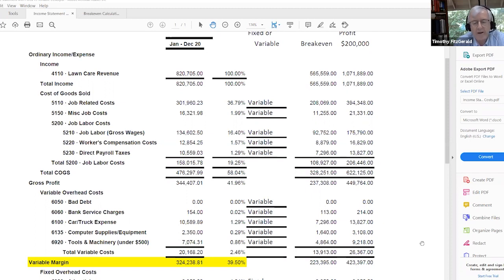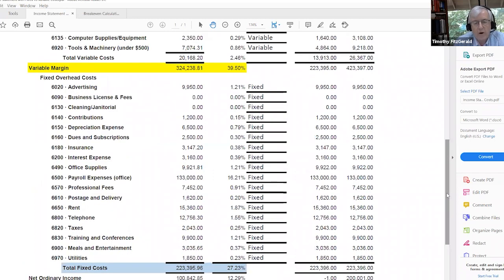And the reason being, if you're completely at capacity, then when you want to go up in sales, you're going to end up with a situation where you're going to have to add some payroll. There may be a few other expenses. You may have to buy some additional trucks. You're going to have more depreciation. Just different things are going to go up.